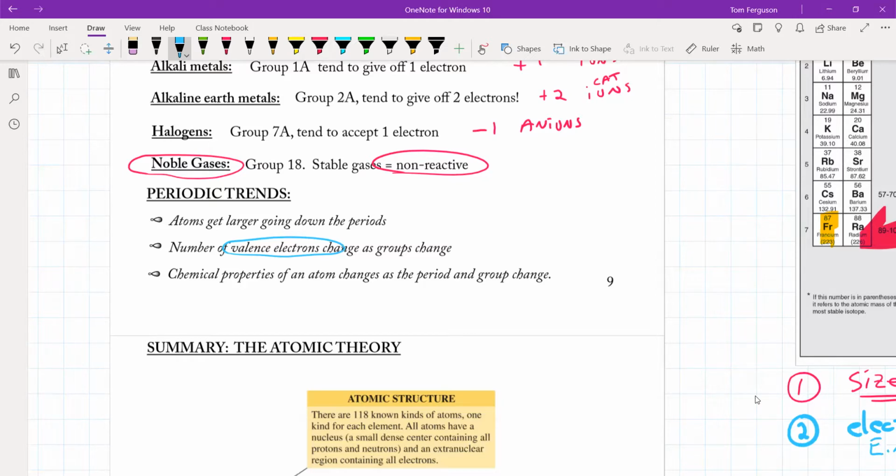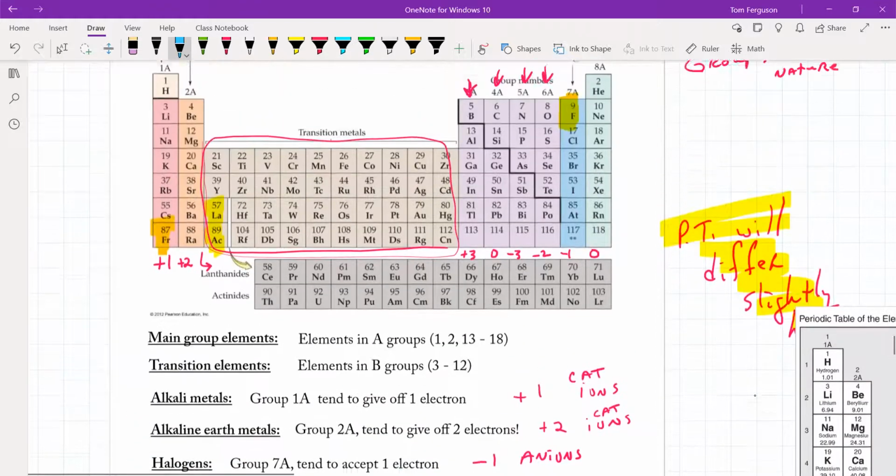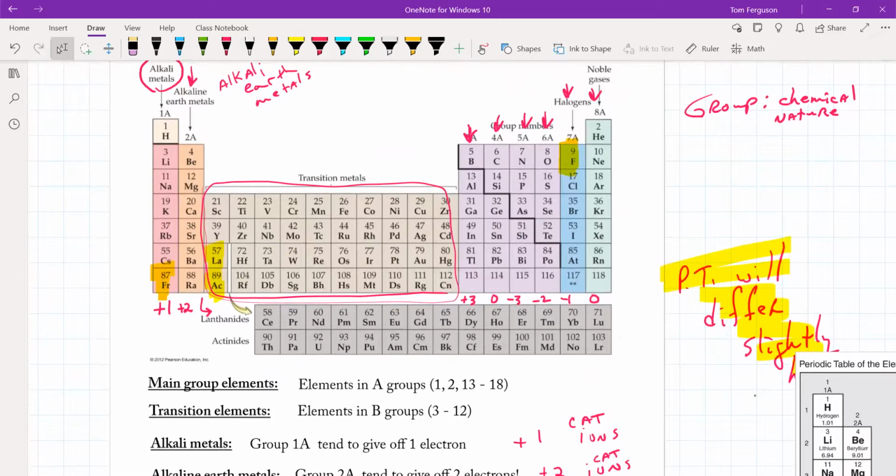Okay, so I'm very specific on these trends, two trends right now. Electronegativity plays a major role in forming these ions. Because notice, the top right is where all the electronegativity is. Notice the top right is where all the anions form.